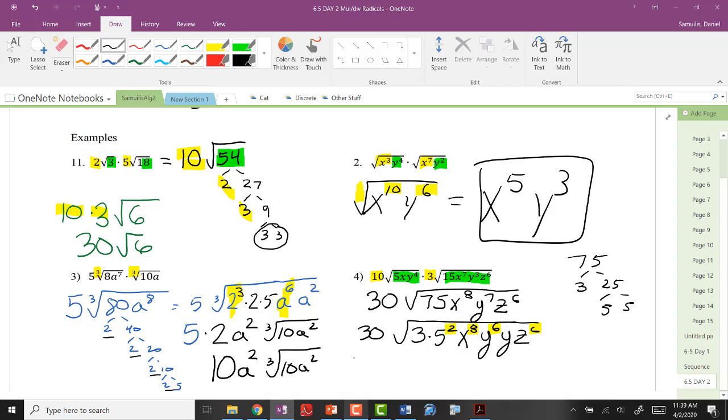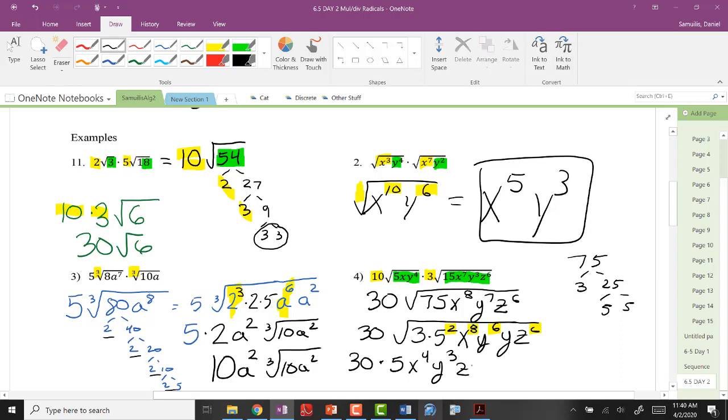Okie dokie. So the 30 is still there. But what's going to join that 30 is a 5, an x to the 4th, y to the 3rd, z to the 3rd. I wrote a 6, I'm going to change that. Oh no, I accidentally erased, what did I erase there? I erased the y, whoops. Put that back in there.